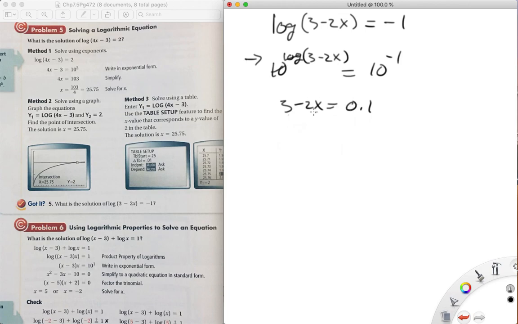I'm going to subtract 3 from both sides, so negative 2x is equal to negative 2.9. Divide both sides by negative 2. x equals 1.45.